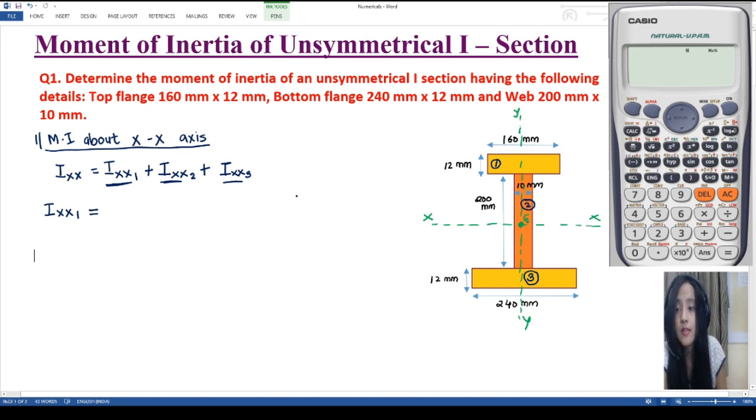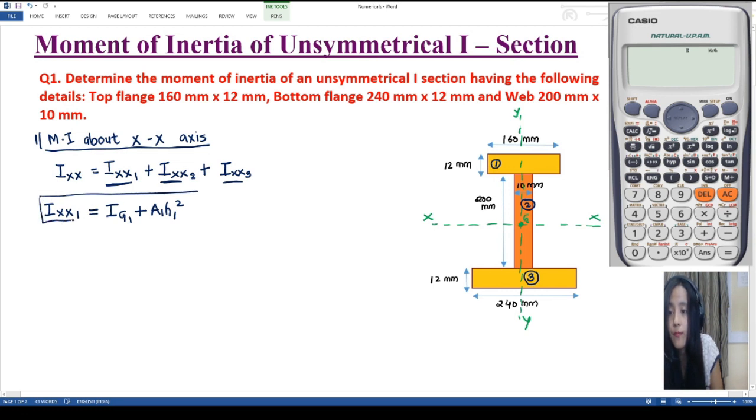The parallel axis theorem here will be IG1 plus area 1 into H1 squared. This is the parallel axis theorem to find moment of inertia about the first section, that is this flange portion.